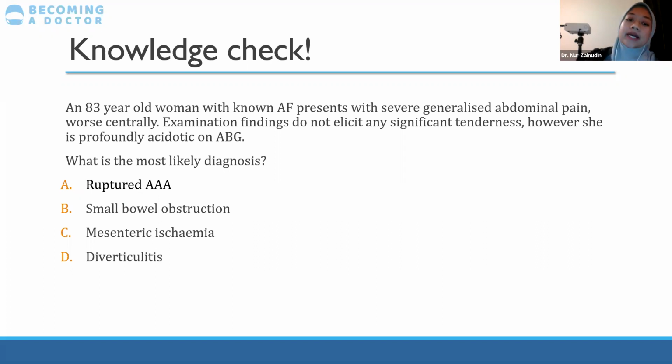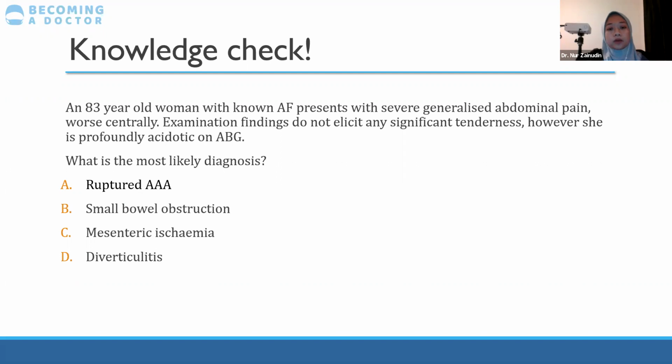Also, metabolic acidosis tends to happen with ischemia, where there's a buildup of lactic acid, so it doesn't tend to happen with a ruptured AAA. Also, she's a woman. It's a lot less common in women to have abdominal aortic aneurysms.